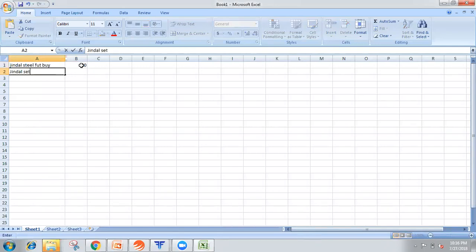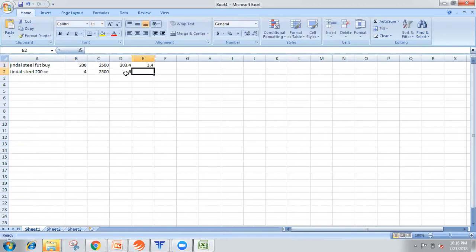Jindal Steel 200 call is trading around 4. The lot size is 2500. If it went to 203, right now it's close at 203.5, the option will end around 6. I'm trading by experience.